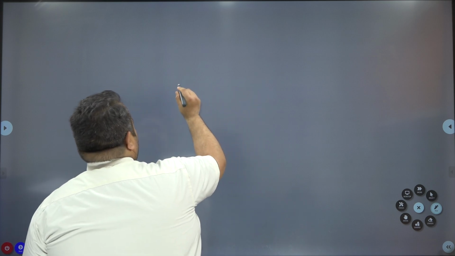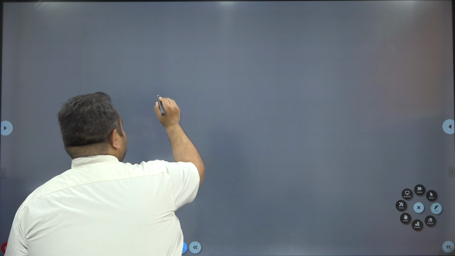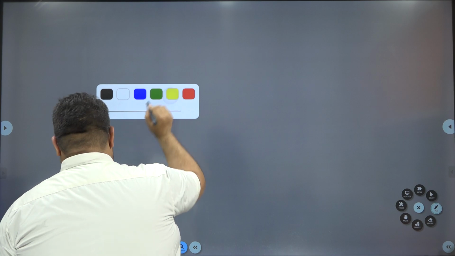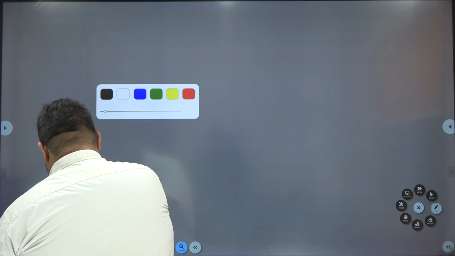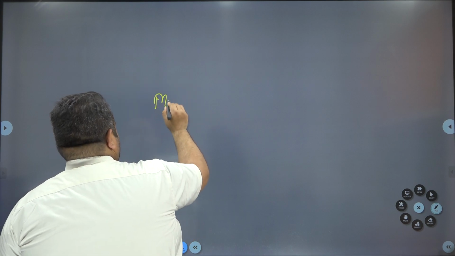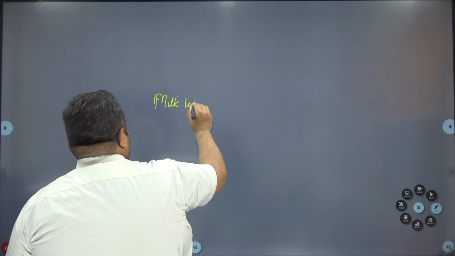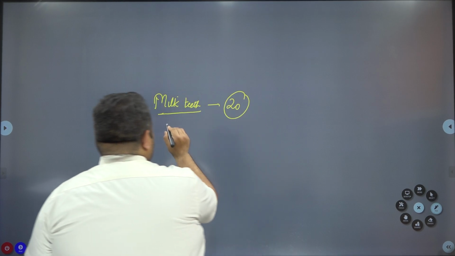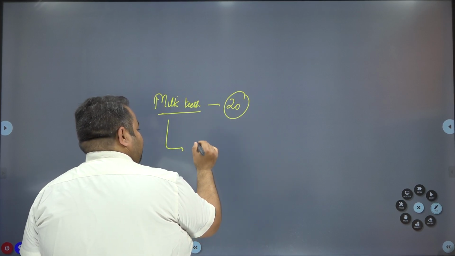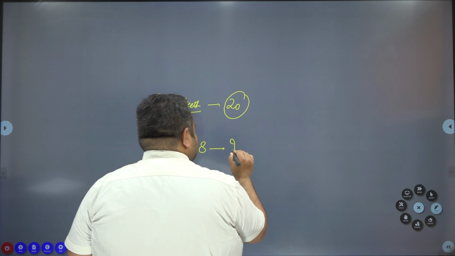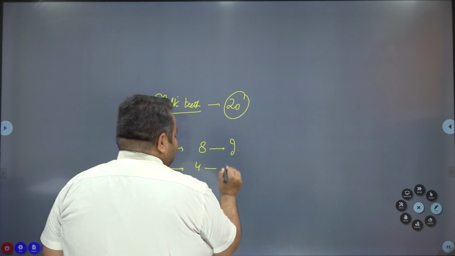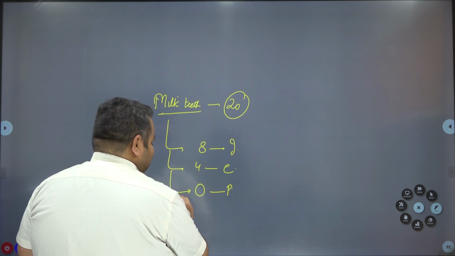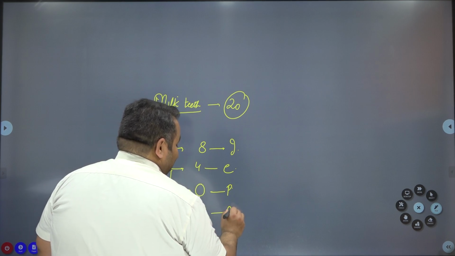Next, the number of teeth present in the milk teeth. As I told you, milk teeth are 20 in number. So here we have 8 incisors, 4 canines, no premolars, and 8 molars.